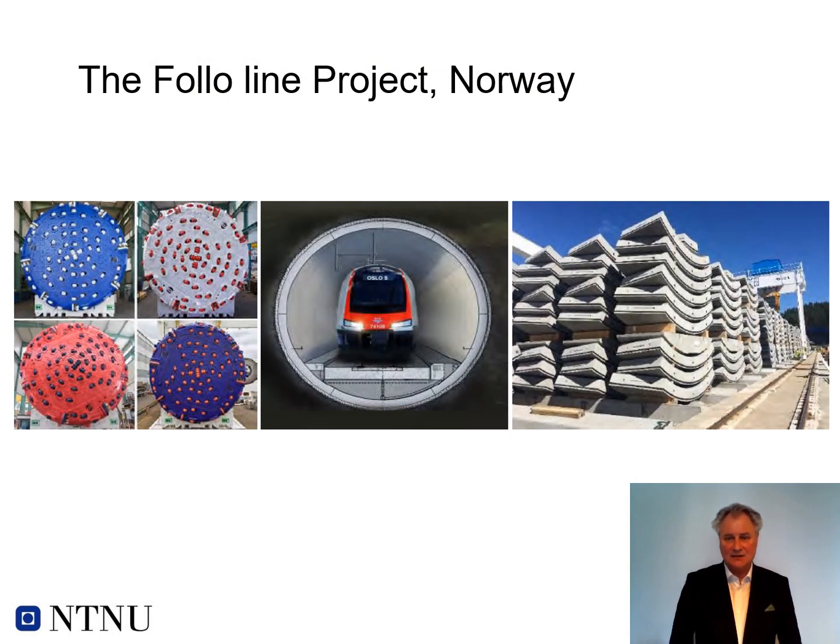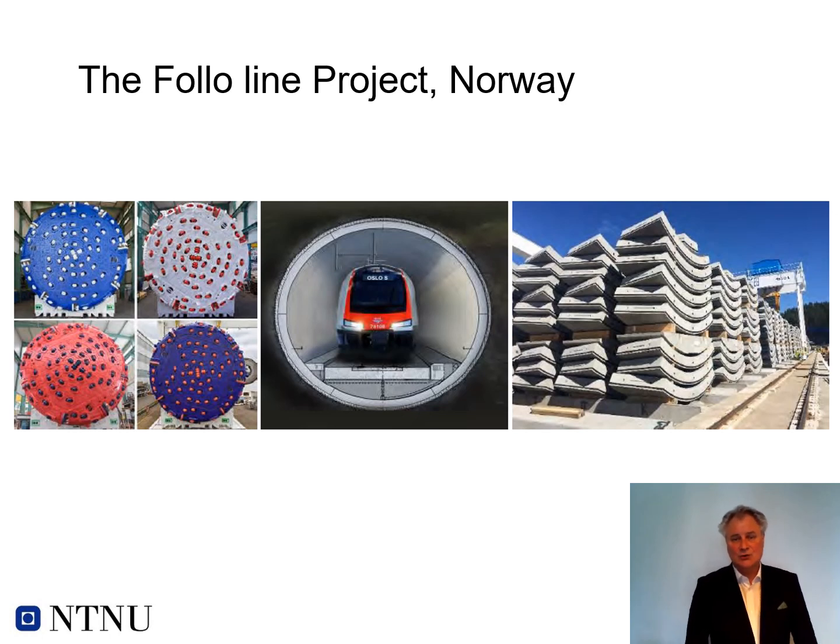In Norway, we haven't seen any major damage due to pyrrhotite in concrete aggregates. However, when they started to build the Follo Line project in Norway, which is a tunnel from Oslo southwards, they are drilling it with tunnel drilling machines.